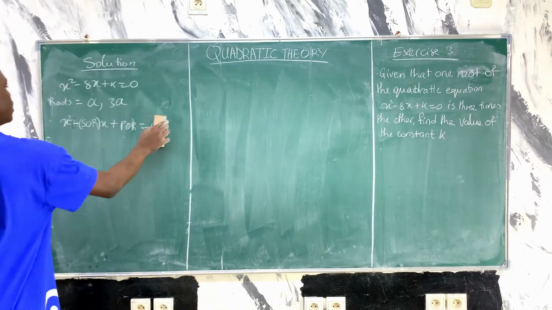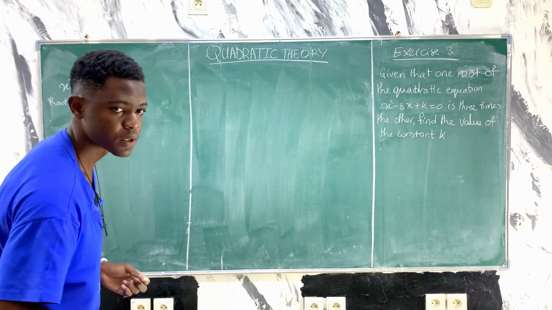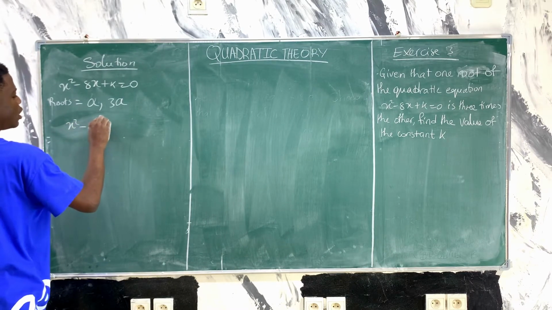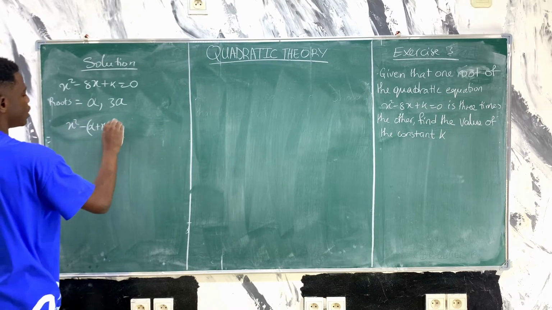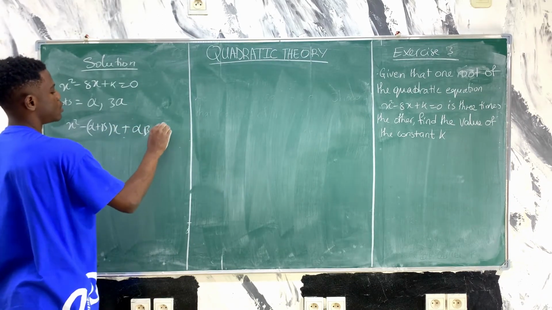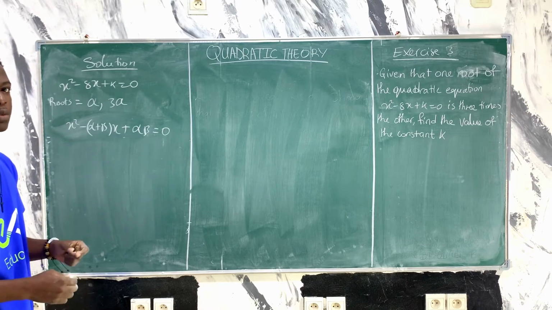Let me just write it in terms of the roots themselves. So we have x squared minus alpha plus beta x plus alpha beta is equal to 0. This is actually the relation that we have today.